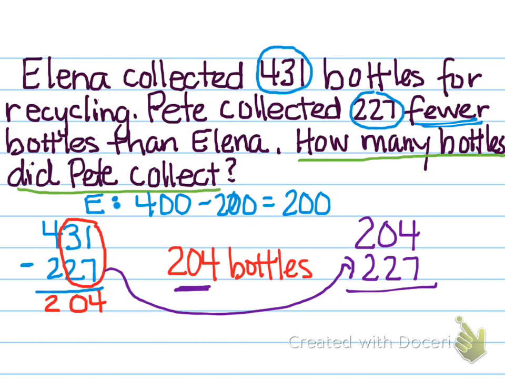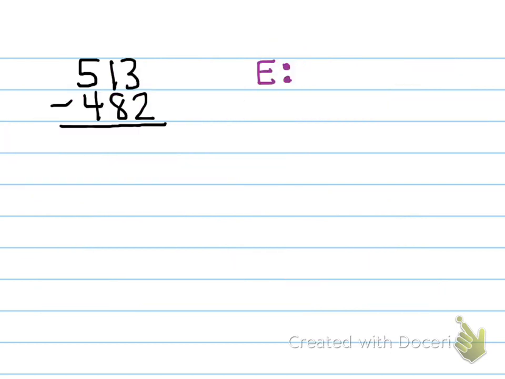Then I can say to myself, well, that's 11. I'm going to carry my 1. That makes 3. And this is 4. It's a good way of checking. You do not have to write this whole problem. I should have said that earlier. If you want to just write the math, go ahead and do that. Sorry about that.